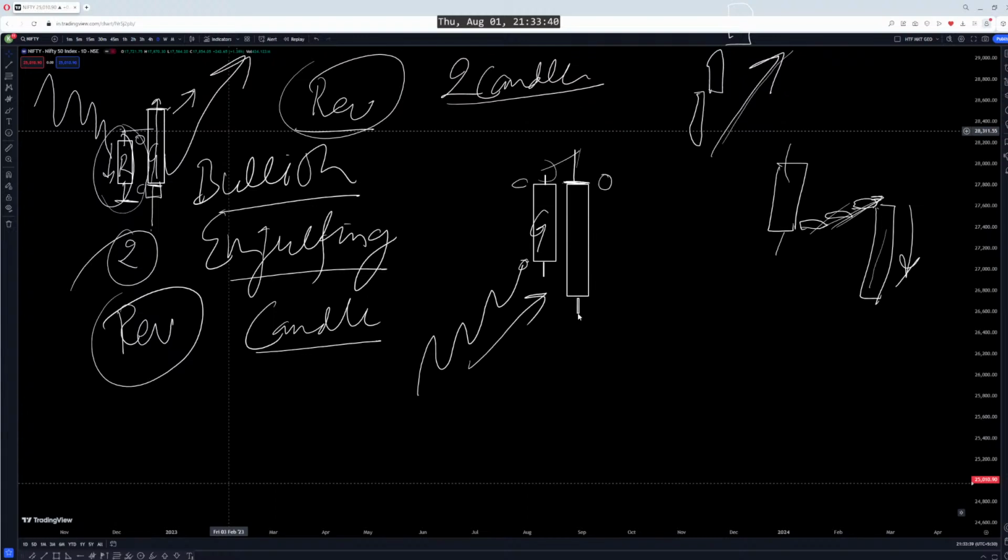That means now the sellers have looked above and had ended up below and engulfed the previous green candle.